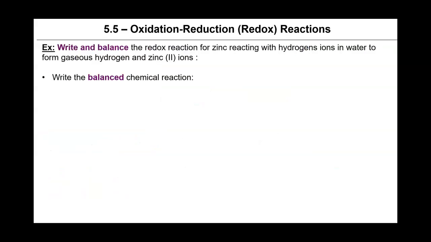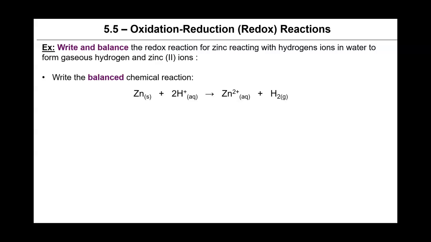Sometimes we're asked to write a balanced redox reaction given a description of the reaction. So in this case it says write and balance the redox reaction for zinc reacting with hydrogen ions in water to form gaseous hydrogen and zinc 2+ ions. So the first thing that I want to do is write my balanced chemical equation.